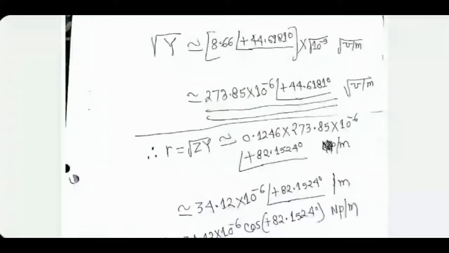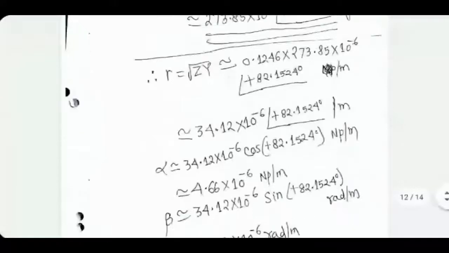The magnitudes multiply. Note that I have written gamma only as per meter. I have not mentioned any units. So gamma in polar form turns out to be 34.12 into 10 to the power minus 6 with an angle of 82.1524 degrees per meter.